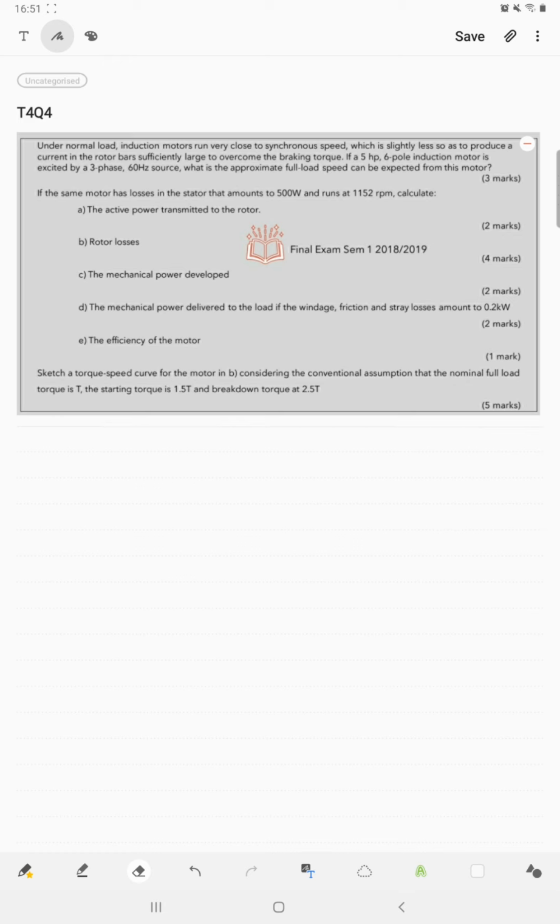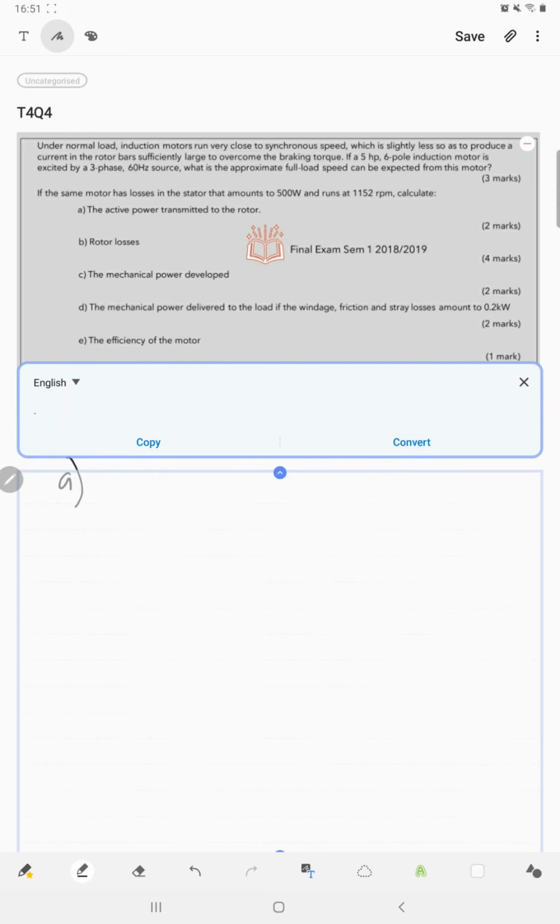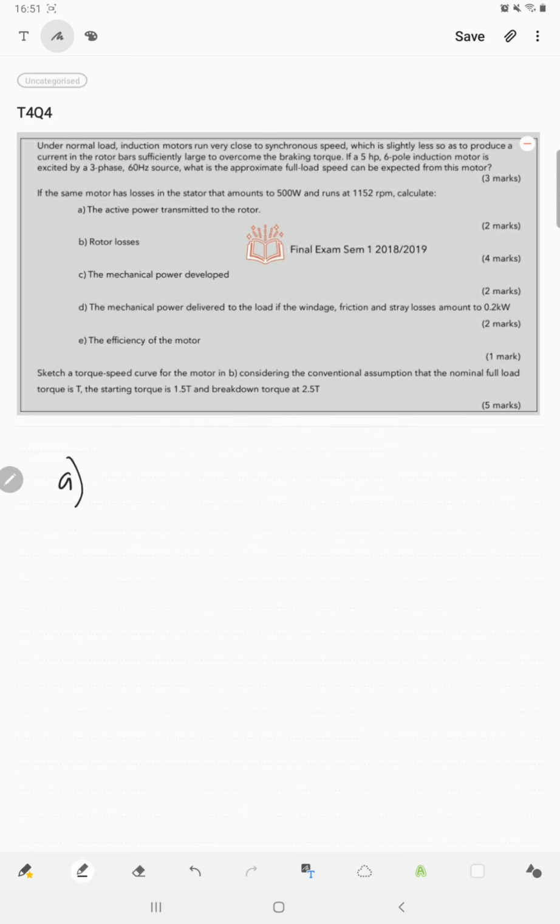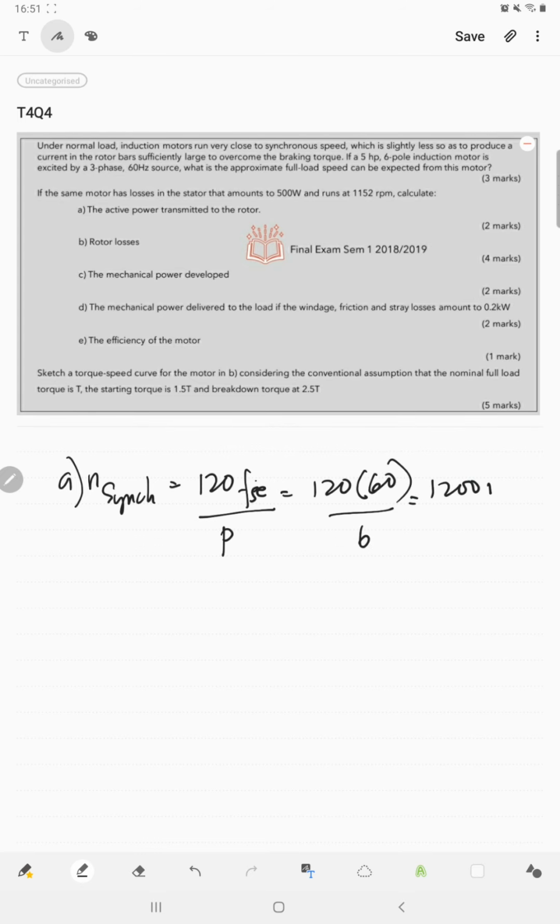Okay, so basically first we must find out how much the synchronous speed is. The synchronous speed is simply 120 times the electrical frequency divided by poles, which is 120 times 60 over 6, and that will give you 1200 RPM.